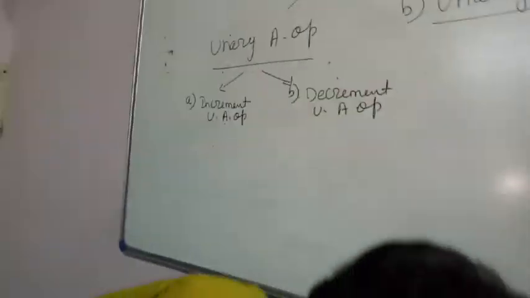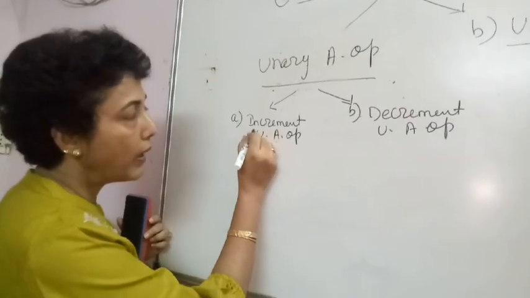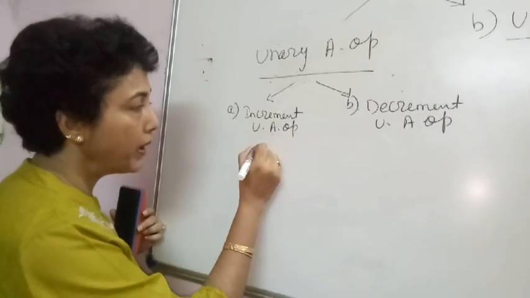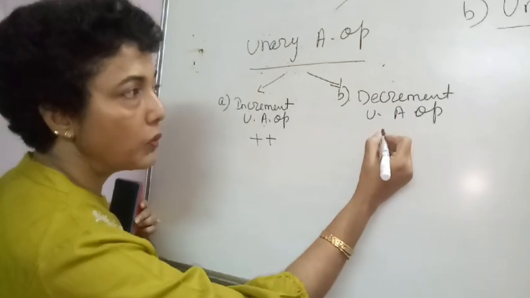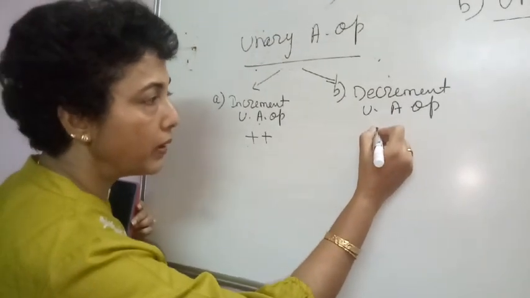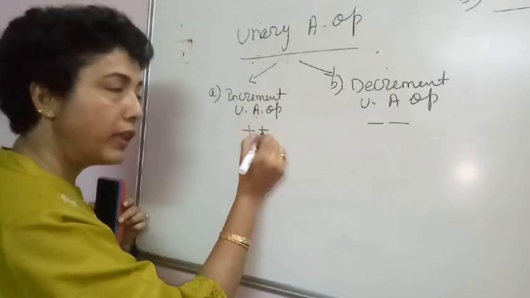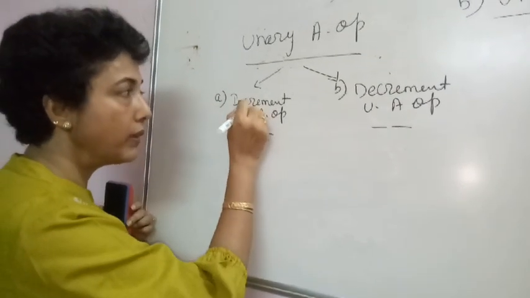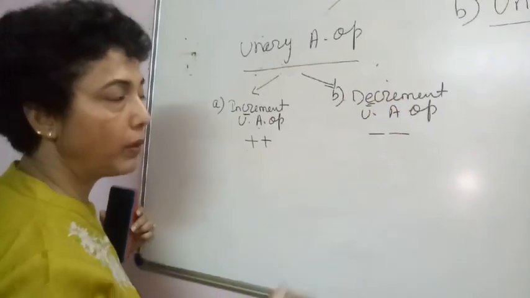Okay. Now the symbol used for increment arithmetic operator is your plus symbol, and the symbol used for decrement arithmetic operator is your minus. Two plus symbols together close to one another is increment, and two minus symbols close to one another is your decrement operator.